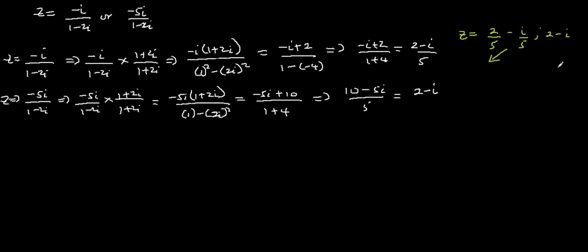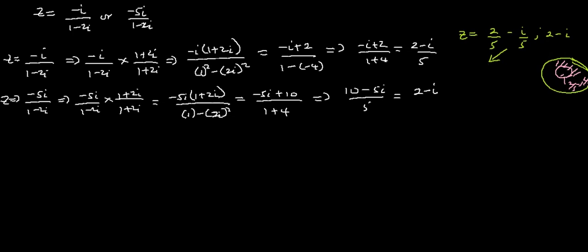It lies within C. Let's say you have a circle there, and then it means it lies within C. This is your 2 over 5 comma i over 5. It lies within C. So we're going to make use of this one here.